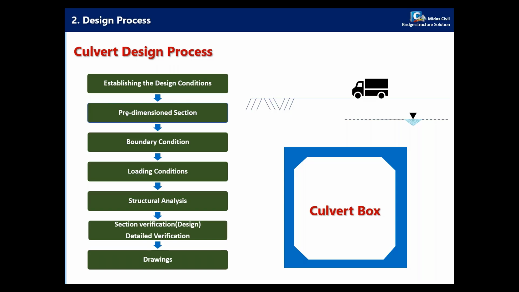We need to predefine the section, and then define the boundary condition of our structure, and then analyze the structure. After analysis, we can design the structure and generate some drawings that can help us in the construction of the structure.